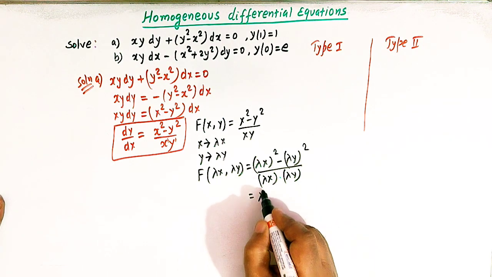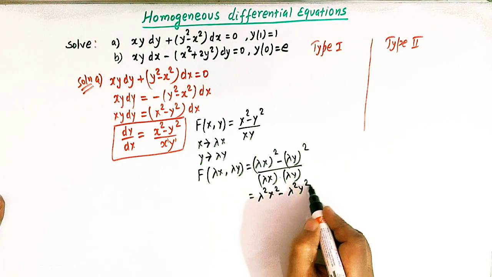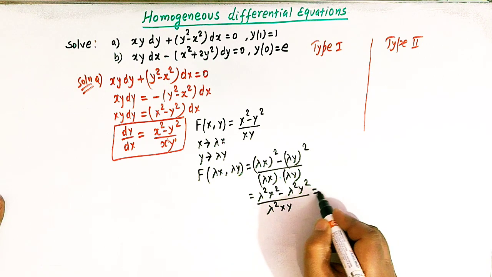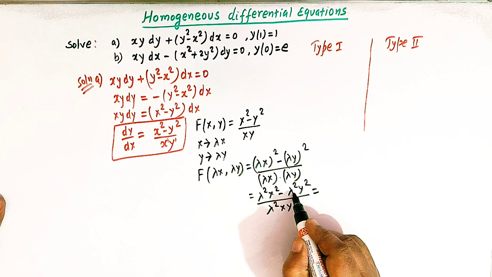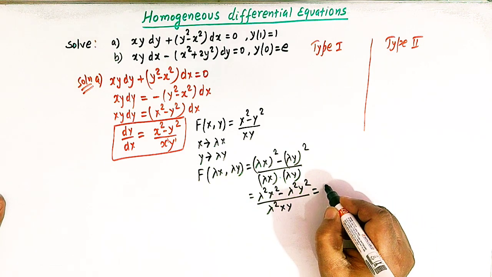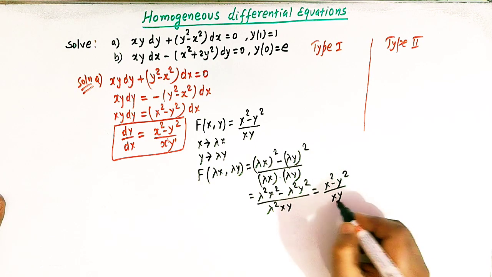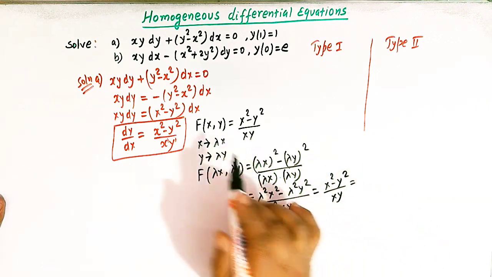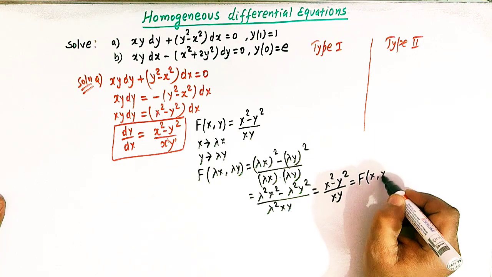So we can now write lambda square x square minus lambda square y square over lambda square xy, and we can easily see that we can cancel out lambda square from the numerator and denominator. So we are left with (x square minus y square) over xy, which is the same expression, so we can write f of x comma y.